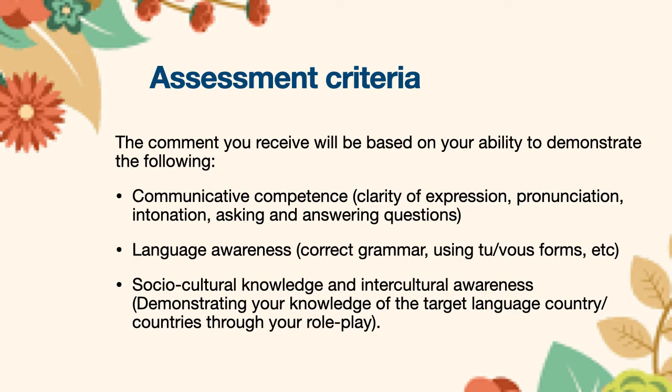Pronunciation. Intonation. Is your voice rising at the end of a question? And asking and answering questions. So can I see that as you and your partner are asking and answering questions to each other, that you are understanding what the other person is asking and offering a suitable response?